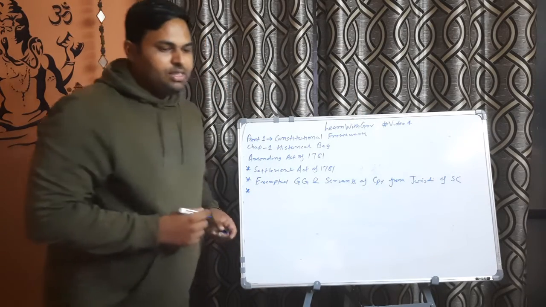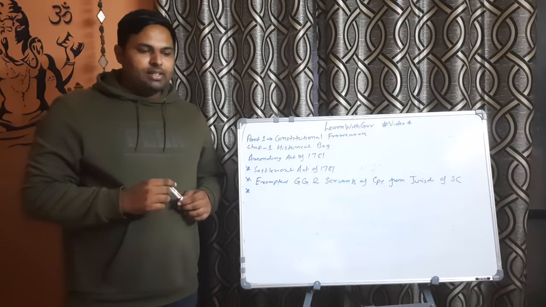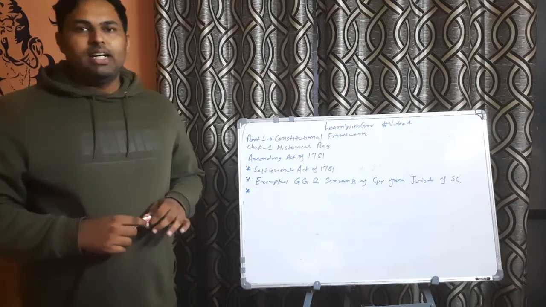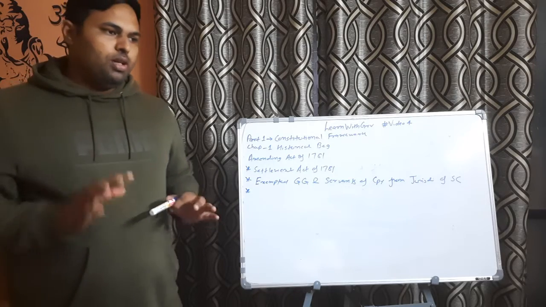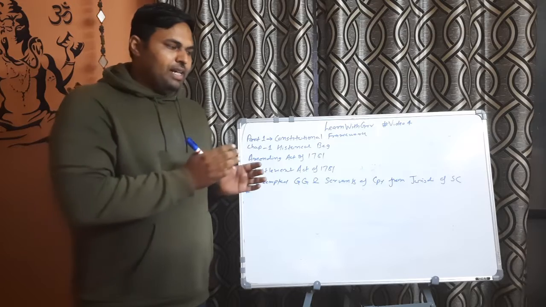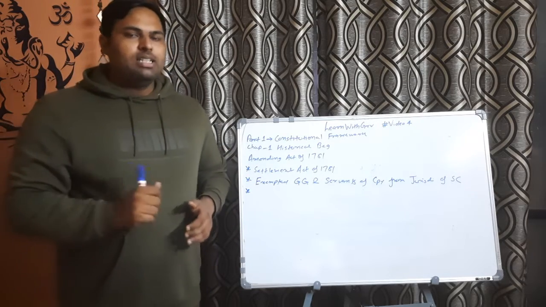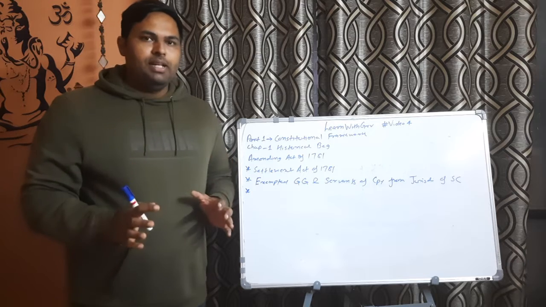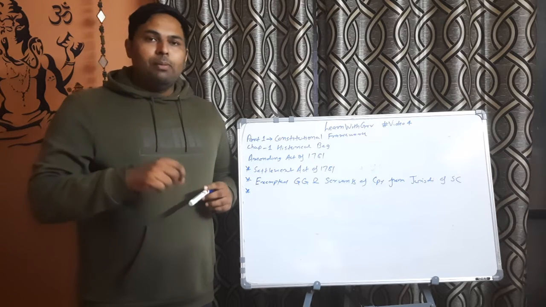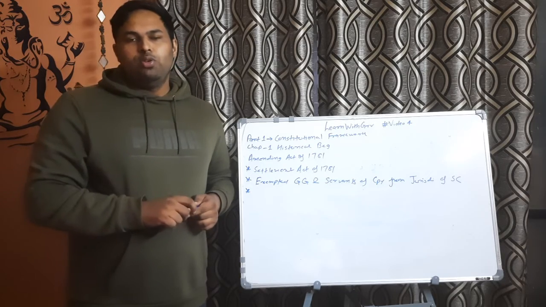Another feature was that it also excluded revenue matters and matters arising in the collection of revenues. As we had seen in the previous video, in the Regulating Act of 1773, the British government took power over the company, and all the matters of civil, military and revenue were to be reported to them.